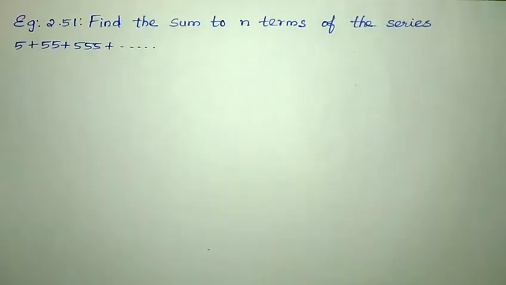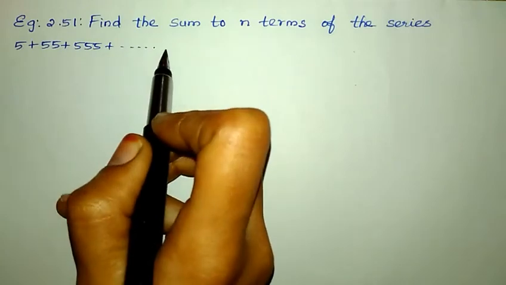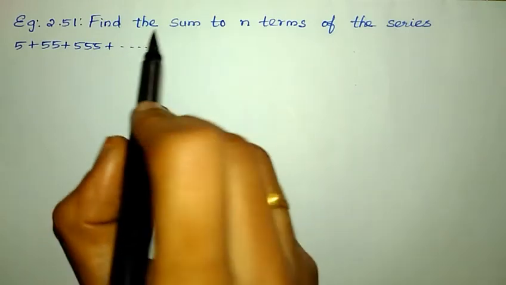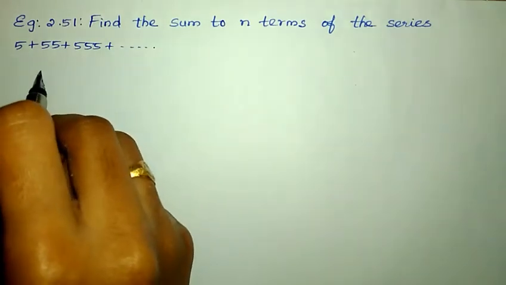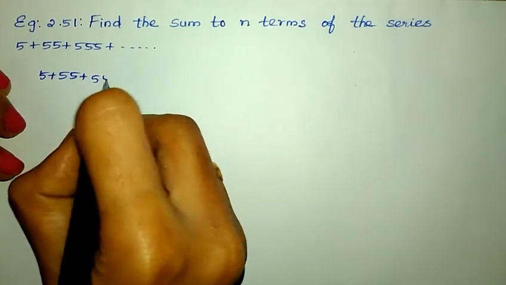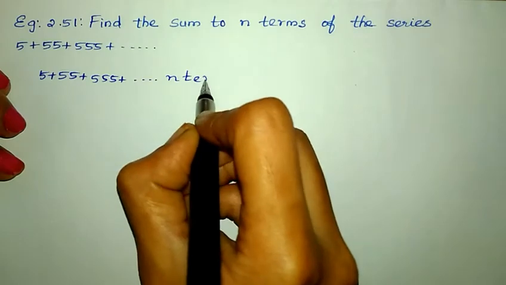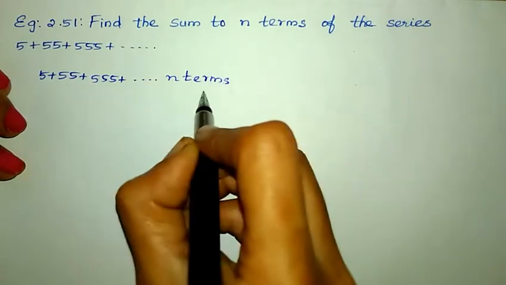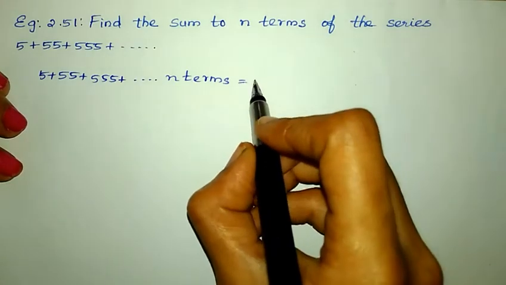Example 2.51. Find the sum to n terms of the series 5 plus 55 plus 555 plus etc. up to n terms. Here it is given, find the sum to n terms. So 5 plus 55 plus 555 plus etc. to n terms, we have to find the sum of this. Here we can take 5 common outside.